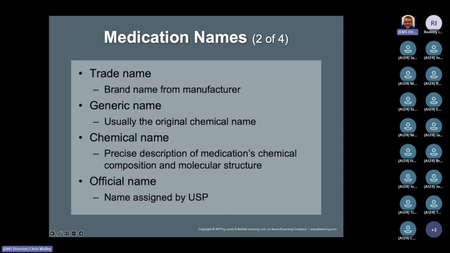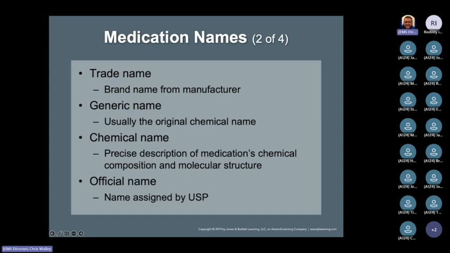All right, so the trade name. It's the brand name a manufacturer gives to a particular medicine, like Tylenol or Lasix. Those are your brand names. They are proper nouns that begin with a capital letter. This is where it gets important. One drug may have more than one trade name, depending on how many companies manufacture it.